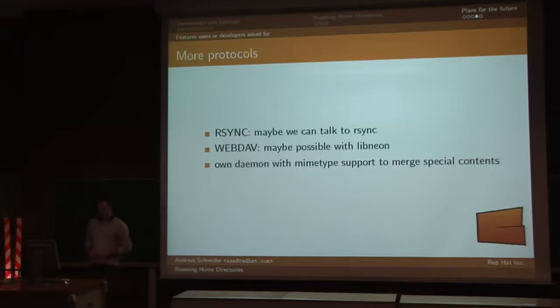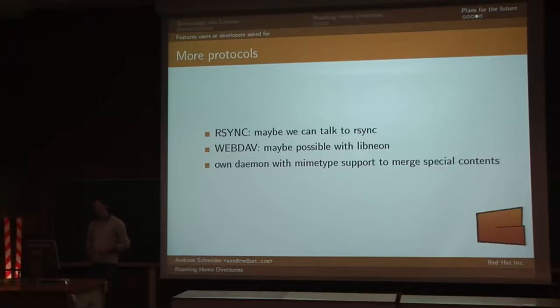It would be possible to support more protocols in the future. Maybe it is possible to talk to an rsync daemon and synchronize just the diffs. WebDAV would be a possibility, and an own daemon which has MIME type support to merge contents would be nice too.